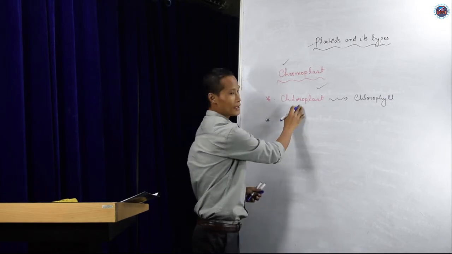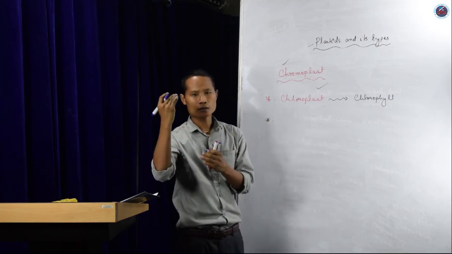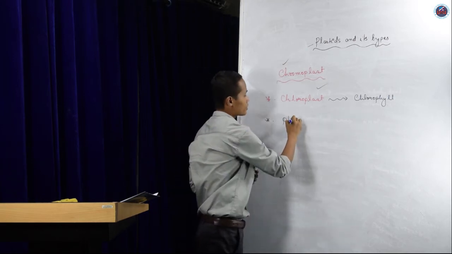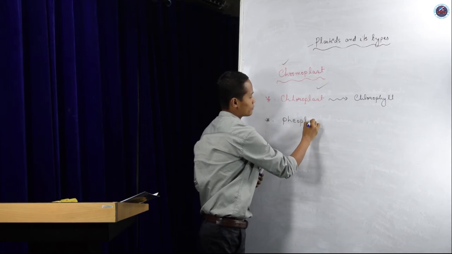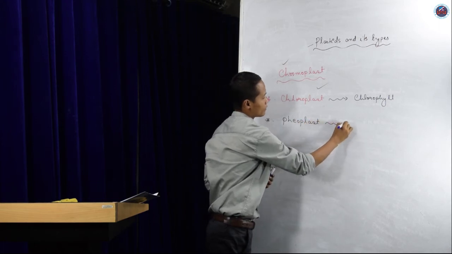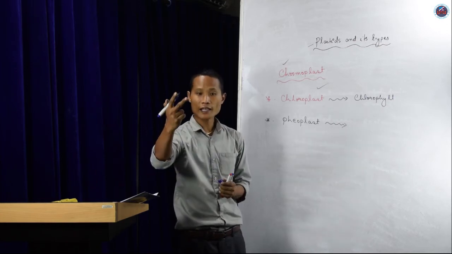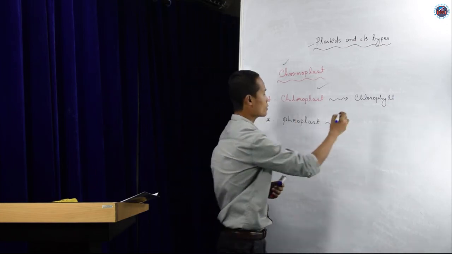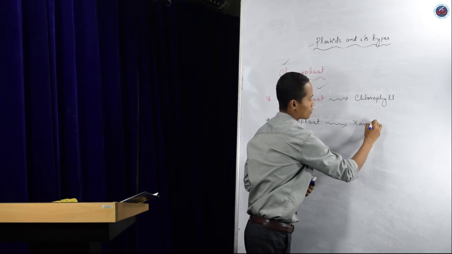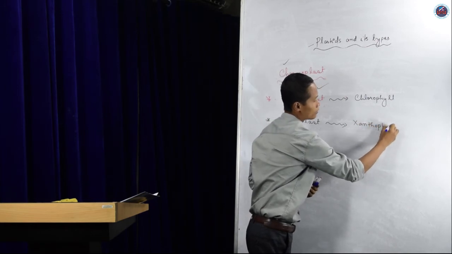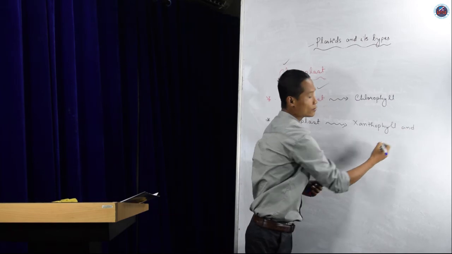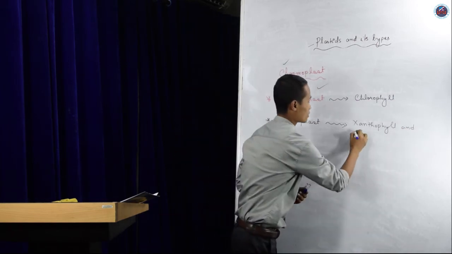The next is phaeoplast. Now phaeoplast basically have two pigments, that is xanthophyll and fucoxanthin.